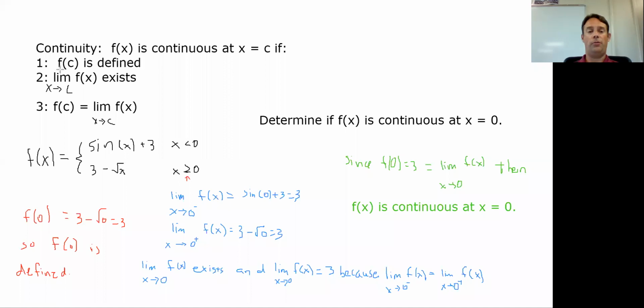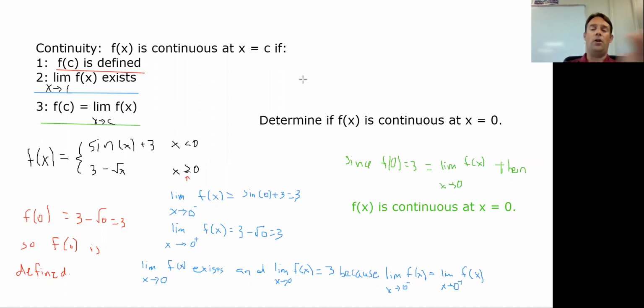Notice the process. We first start off with it being defined. So we have to deal with the definition of it, the function value being defined. Then from there, we had to deal with, does the limit exist? Well, it did exist. And then the last part is, are they equal?